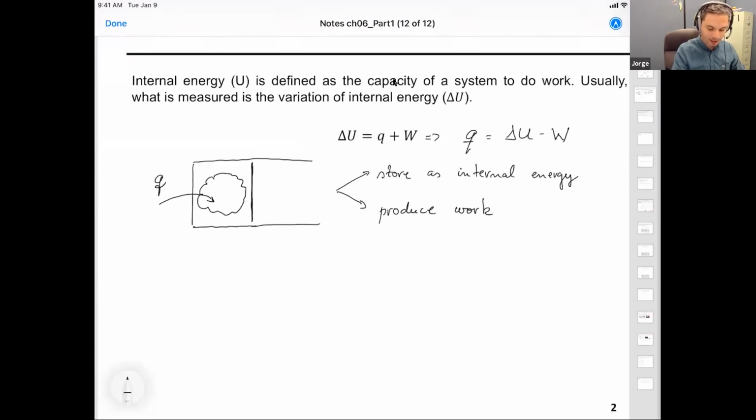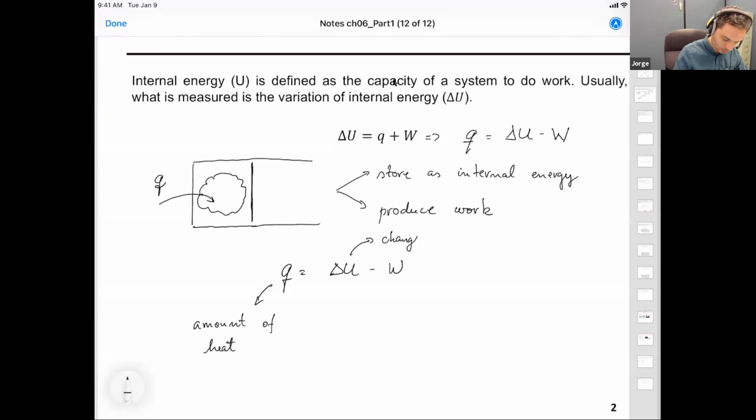So let's define the terms of the equation. Let me write here again. Q is defined as the amount of heat. Delta U is the change or variation of the internal energy.